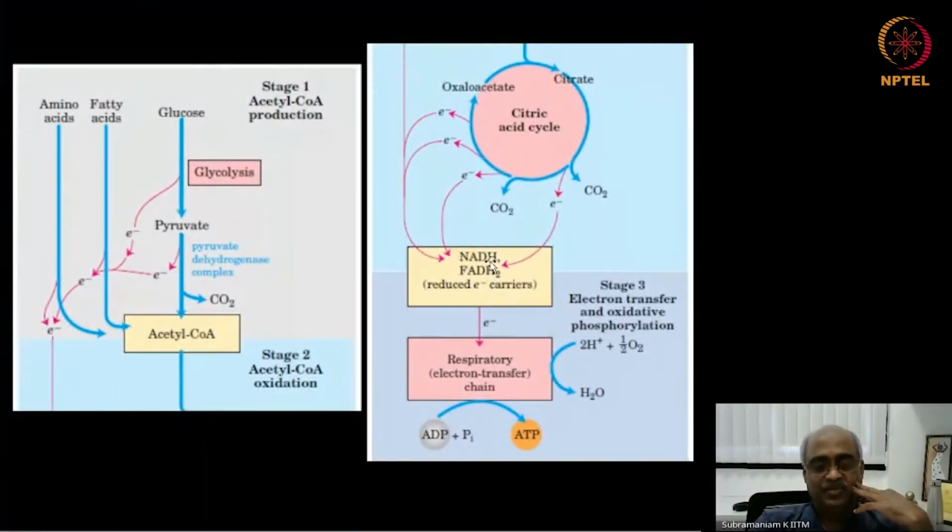From these, through the electron transport chain or respiratory chain in mitochondria, the electrons finally go to oxygen, and during that a proton gradient is set up, and that proton gradient drives ATP synthesis.